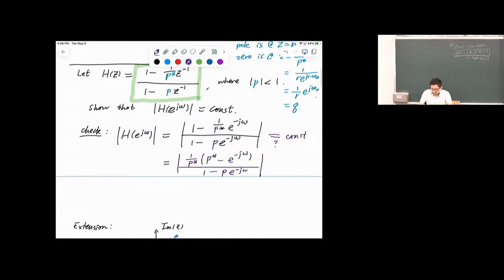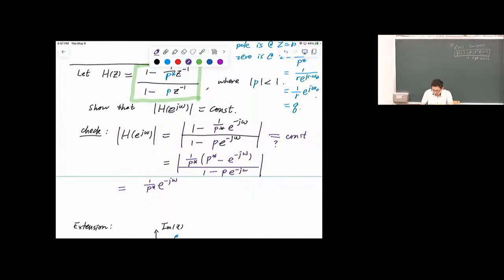Now, this does not look so beautiful yet, right? So maybe we need to try something else. On top we have 1 over p conjugate. What about we also put this outside to see if we can have a nicer expression?